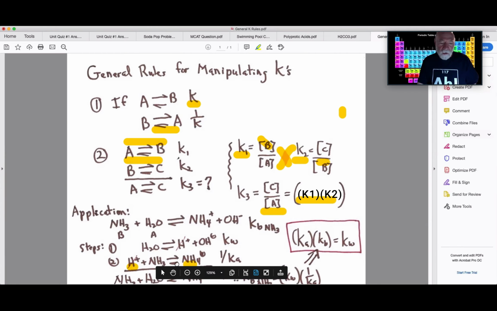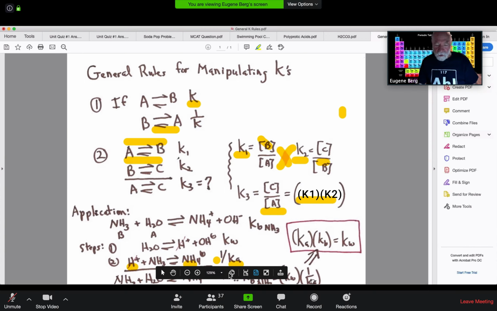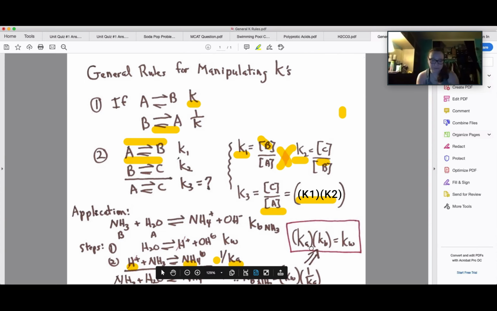Because the reverse reaction is K sub A, so the forward must be 1 over K sub A. Okay, now, what is K sub B of ammonia going to be equal to? It's going to be multiplying these two together, K sub W times 1 over K sub A. Now, if you rearrange these algebraically, K sub W equals K sub A times K sub B.